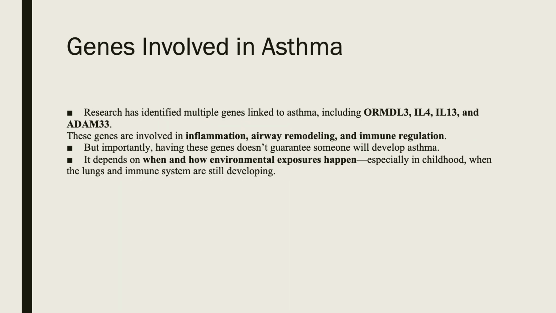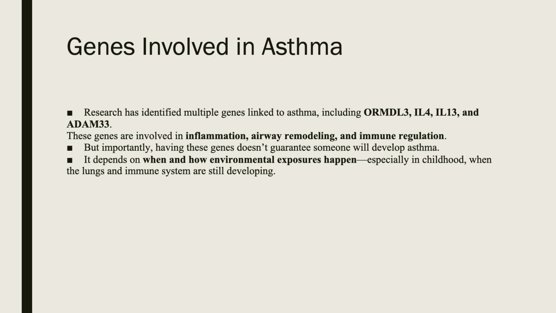Now I will break down the genes involved in asthma. Research has identified multiple genes linked to asthma, including ORMDL3, IL4, IL13, and ADAM33. These genes are mainly involved in inflammation, airway remodeling, and immune regulation of the body.